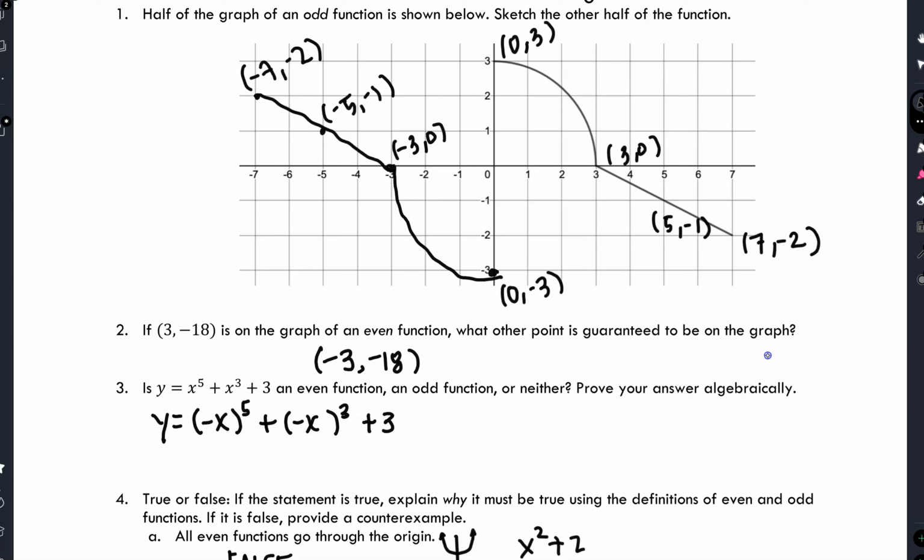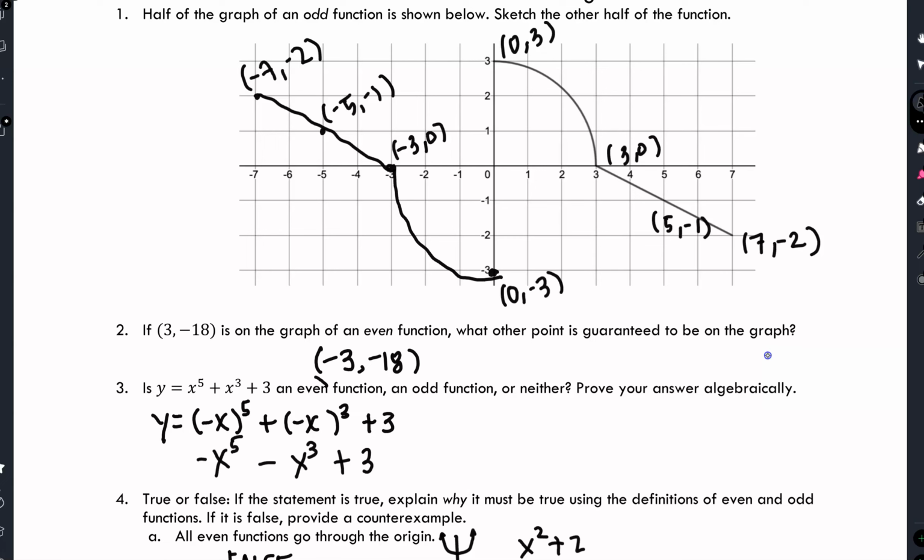So when I do that, that becomes a negative x to the 5th. So a negative times a negative times a negative times a negative times a negative. So that's still going to make it a negative on the outside. A negative x to the 3rd, that's 3 negatives, so that means it's going to be a negative. It's going to be the same thing as a negative x to the 3rd. And then nothing's going to happen to my positive 3.